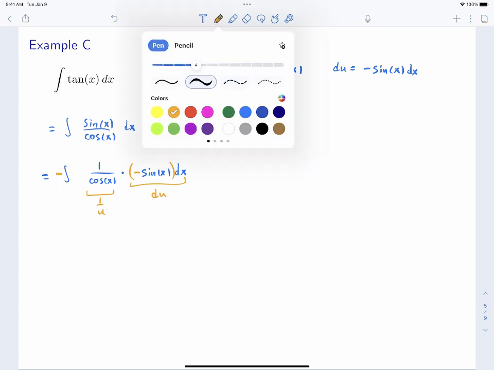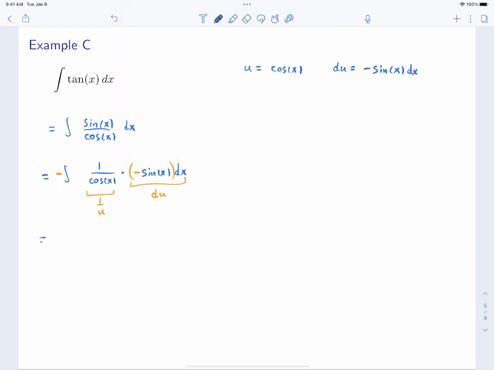So now we have the same kind of integral that we had before. It's the opposite of the integral of 1 over u du. And we know how to integrate this. This is our useful antiderivative that we saw earlier. So this is going to be the opposite of ln of the absolute value of u plus a constant. And now we remind ourselves that u is equal to cosine of x.